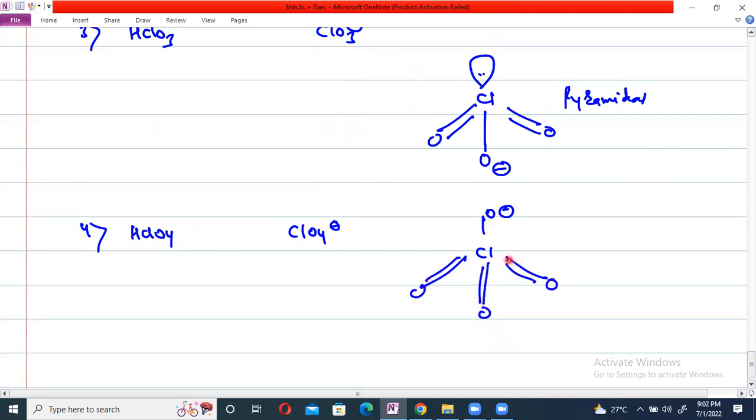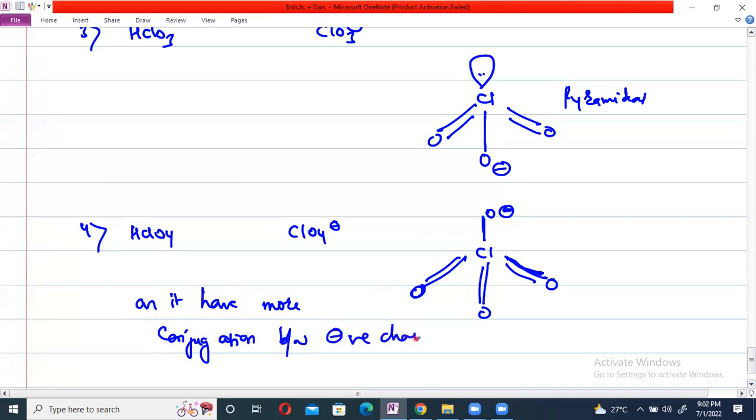Here you can see this pi bond of oxygen is in conjugation with the negative charge over the oxygen. This pi bond is also in conjugation with negative charge on the oxygen, and this pi bond is also in conjugation with negative charge on the oxygen. Hence we can say, as it has more conjugation between negative charge and pi bond, it is more stable.